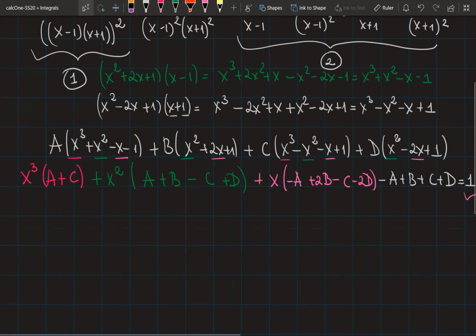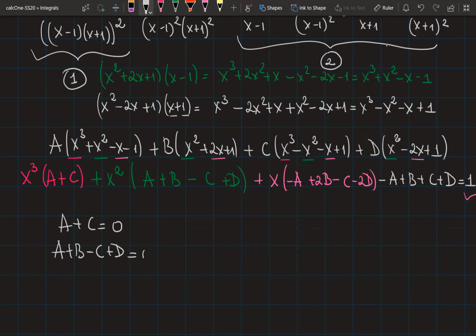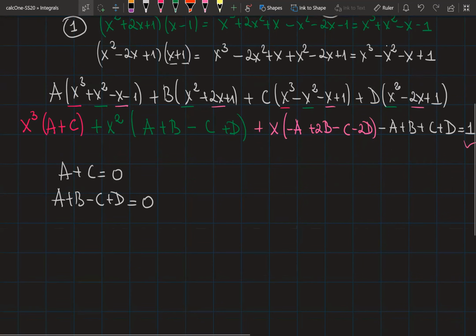So first of all, we need to write down that a plus c is equal to 0. Then a plus b minus c plus d is equal to 0. Minus a plus 2b minus c minus 2d is equal to 0.